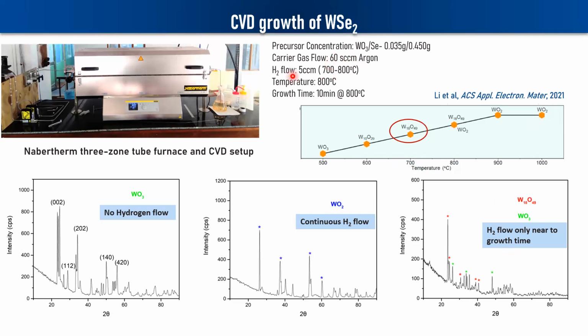You start flowing argon from room temperature, but only once it reaches 700 or 750 degrees Celsius, near the growth temperature of 800 degrees Celsius, you start flowing hydrogen. Hydrogen slowly converts this WO3 to this reactive species, which immediately reacts with the selenium at this temperature and gets converted to WSe2. It actually prevents the formation of WO2 in the system.